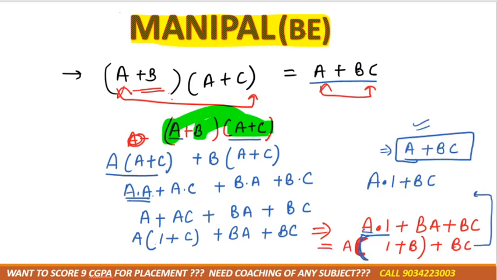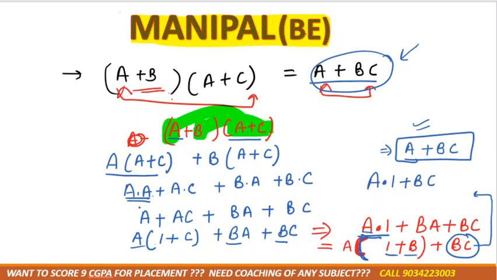Finally, take A common. We can take B common also, but if we take B common, we will not get the same answer as we require. So that's why I have taken A common. Have to see what our requirement is, and according to our requirement only we have to move.